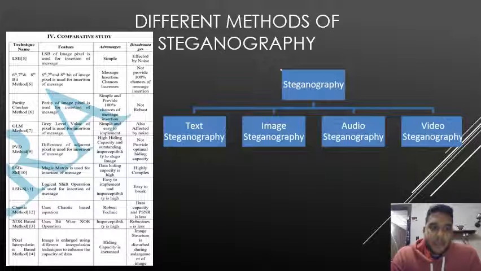So then we also have image steganography, which is the one we're going to be going over today. Image steganography is basically taking the bits and the pixels and putting your data in there.